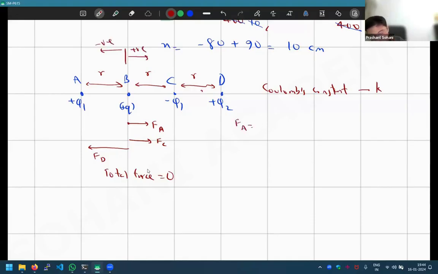So FA is going to be the Coulomb's constant into the product of the two charges, right? Upon r square. Okay. Then what about FC?